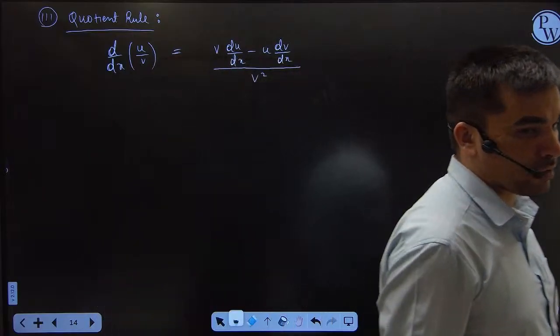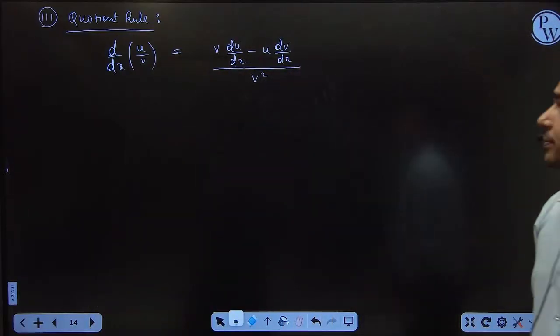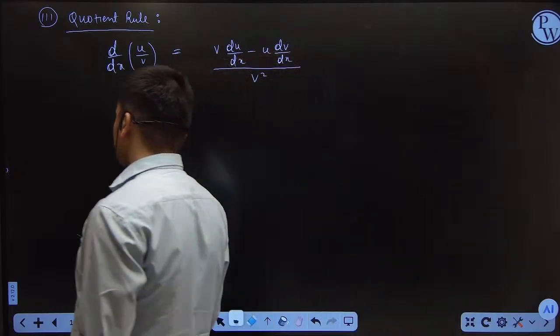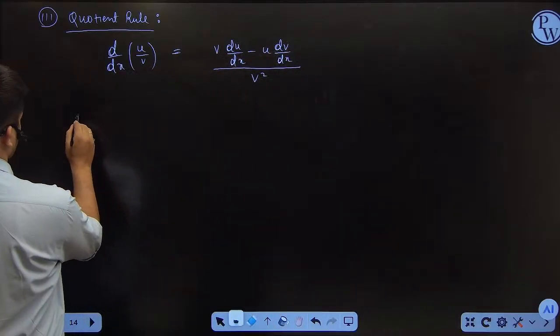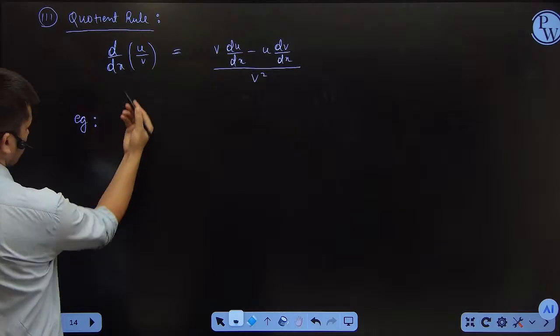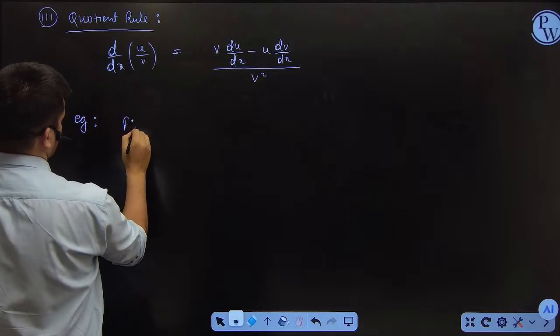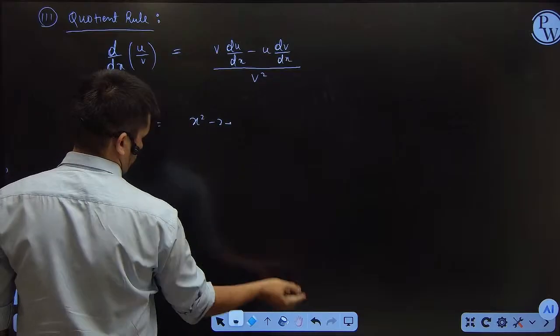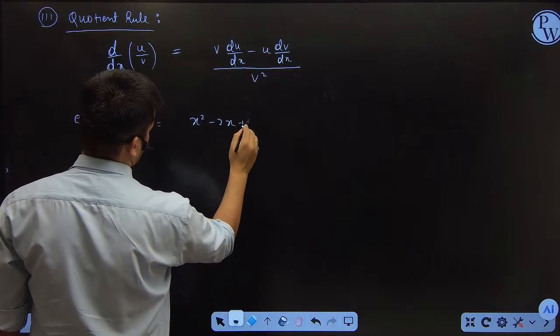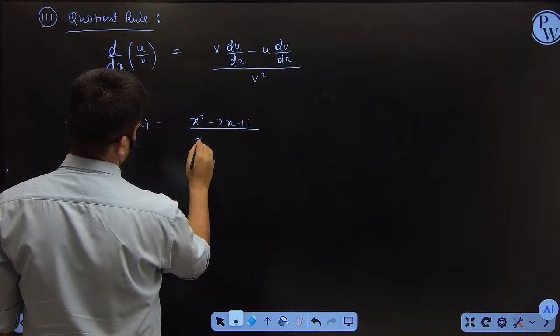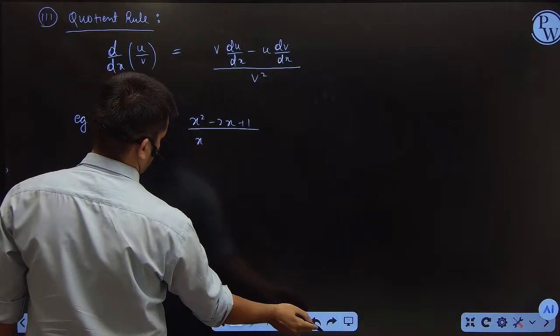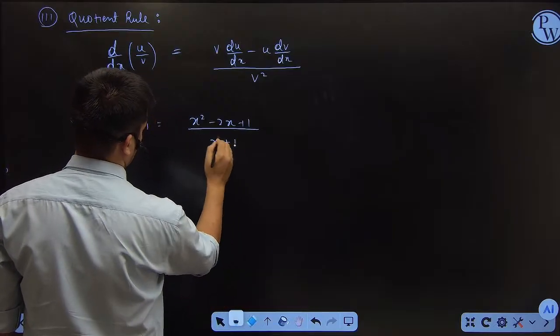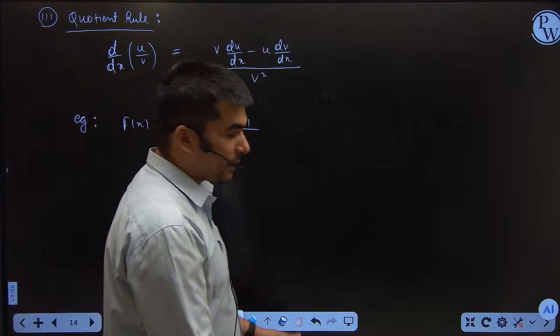Again u and v are function of x. Find the differentiation of this.